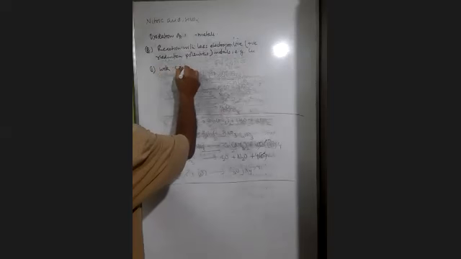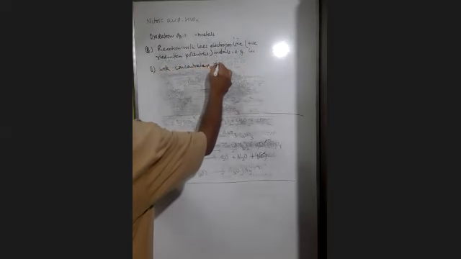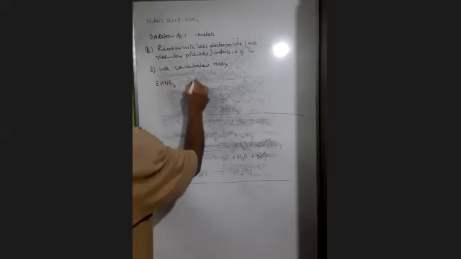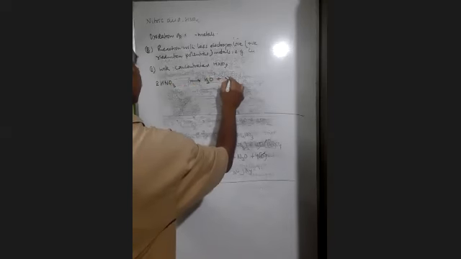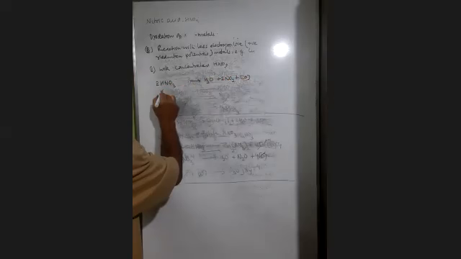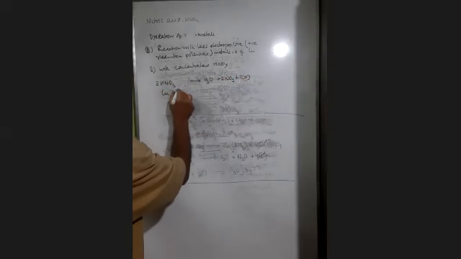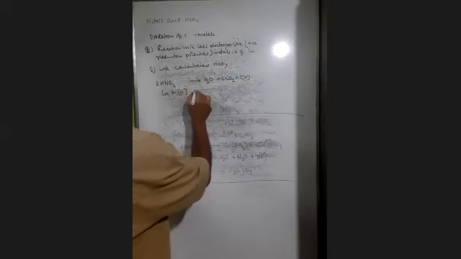So write down here: with concentrated HNO3. I'll write the first equation: H2O, 2NO2 plus oxygen. See, metals, whenever they come in contact with oxygen, they form oxides.